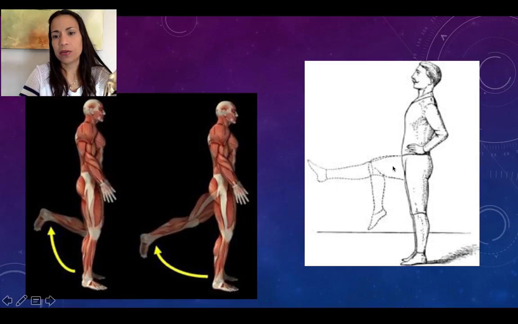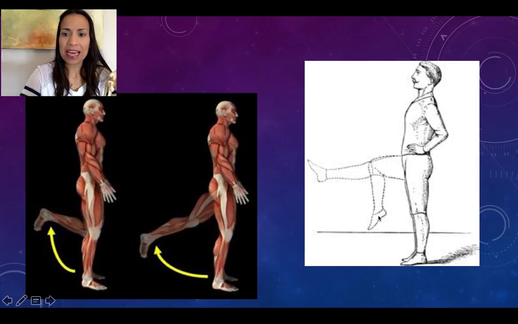Same thing in here. Okay, this guy, look, the left lower limb is fully extended, hip and knee joints. Look at the right upper limb. The hip joint or the thigh is flexed. Do you agree? Look at the angle. He reduced the angle between the trunk and the thigh.